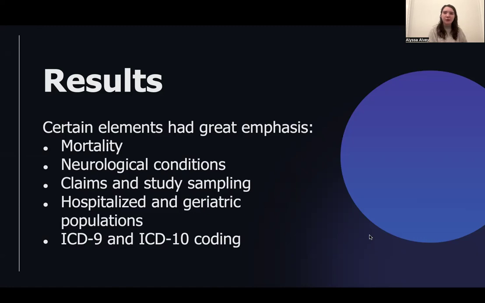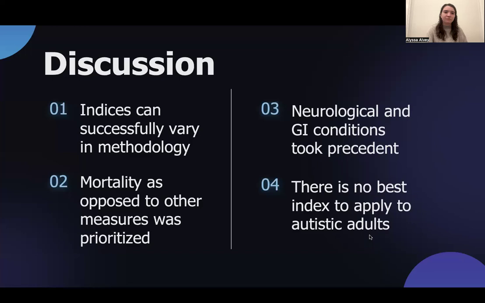Hospitalized and geriatric populations were usually emphasized, especially geriatric populations. Multiple indices were initially developed for geriatric populations before being applied to general populations. Most conditions were defined as by ICD-9 and ICD-10 coding.